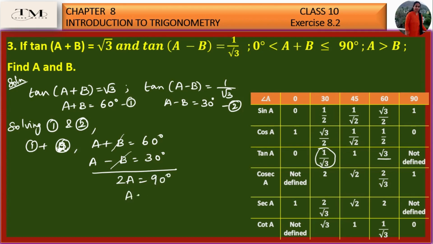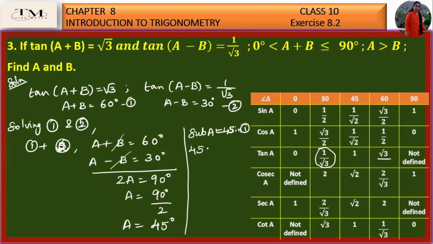So A will be equal to 90 degree divided by 2. 2 is in multiplication, so it will come to division on the other side. So 90 degree divided by 2 is 45 degree. So A is equal to 45. We can substitute A is equal to 45 in 1. Okay children, so in 1 we are substituting A is equal to 45.